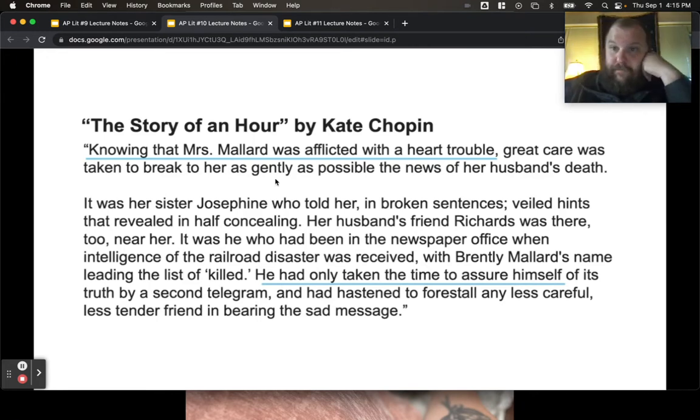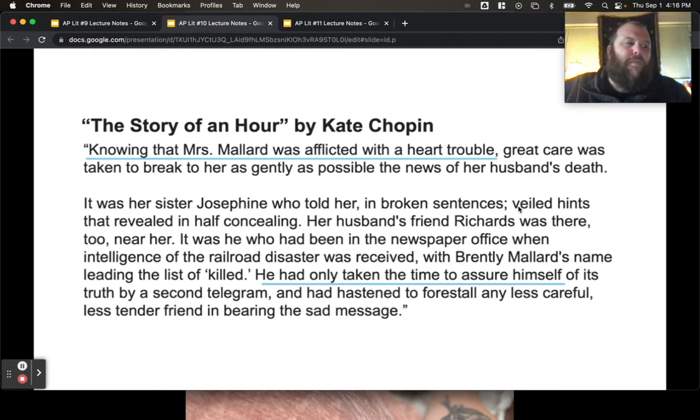She gets news that her husband, Brentley Mallard, has died. And that news comes from Richards, this family friend. And he comes and gives her the news. And she goes into what seems to be a depressive state due to her husband's death. That makes sense, right?